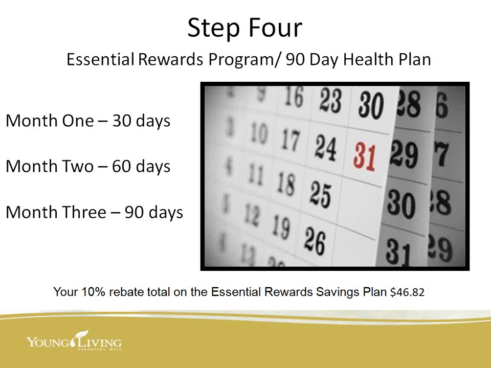You should be experiencing increased energy, increased immunity. Things that were chronic and bothering you should start falling away now. And here's the 10% rebate total from those 90 days. Like I said, almost $50, $46.82.